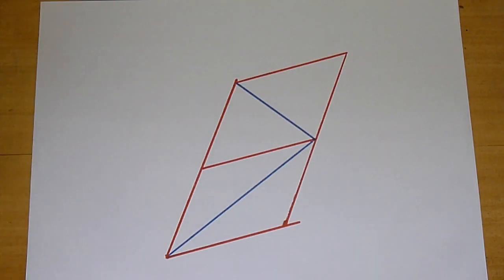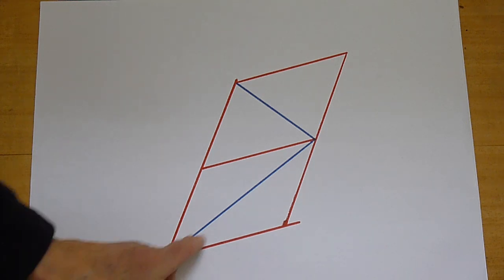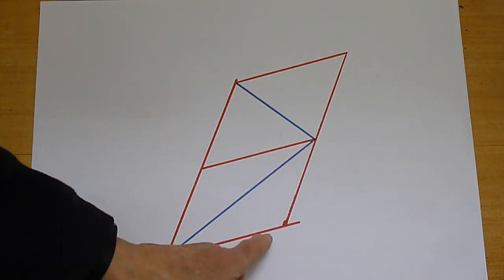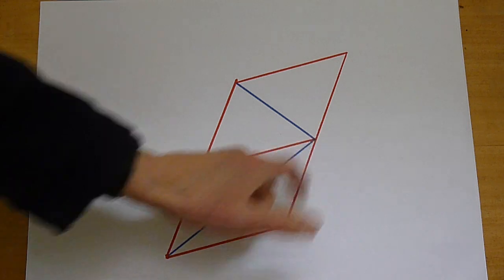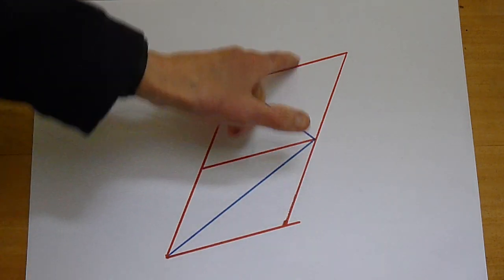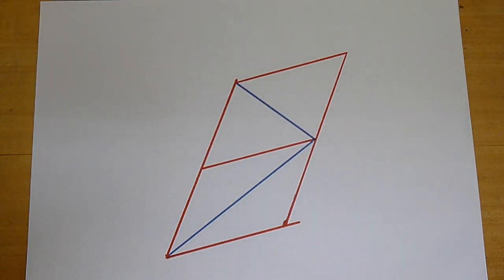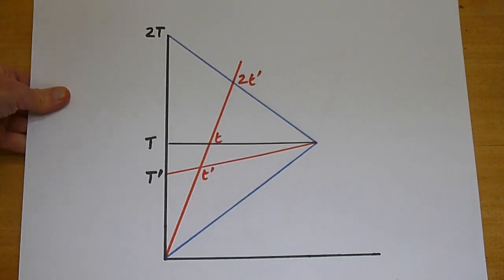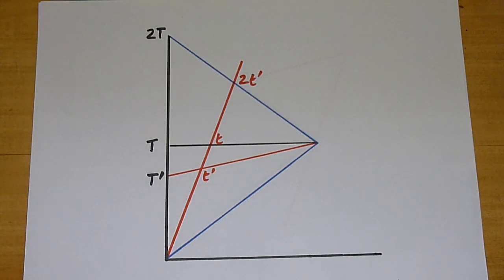And if you extract your part of the diagram, the pulse again covers unit distance in unit time on both legs. Okay, but it's still a trick.